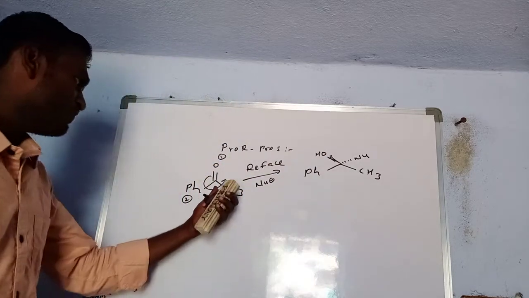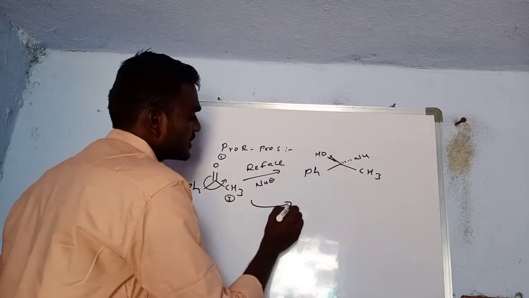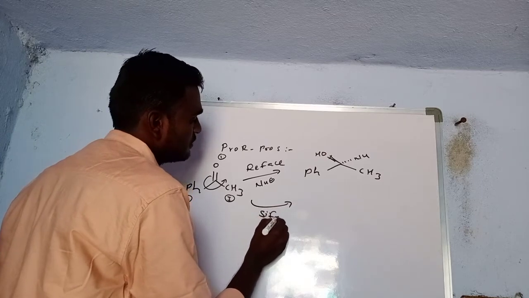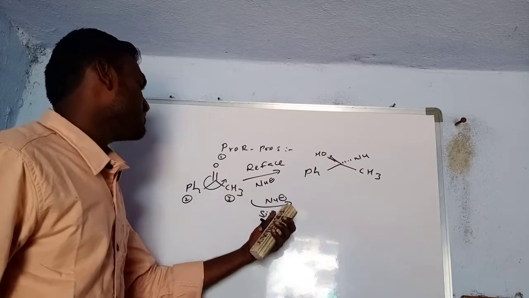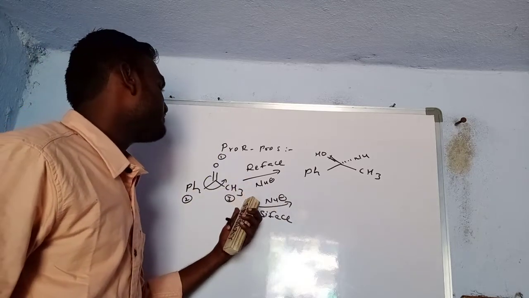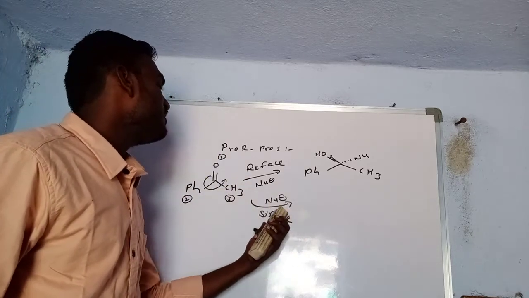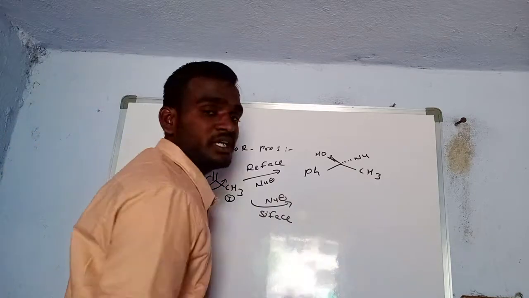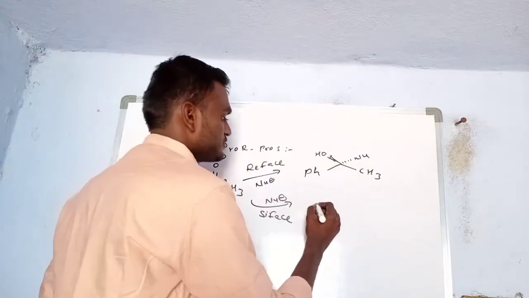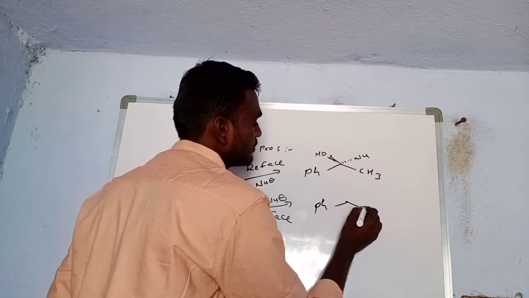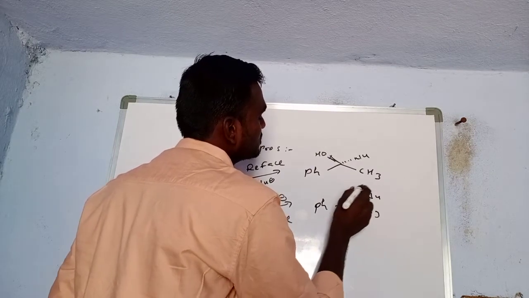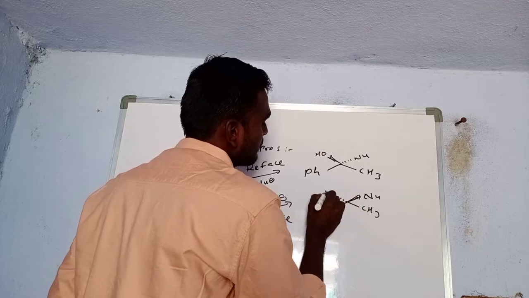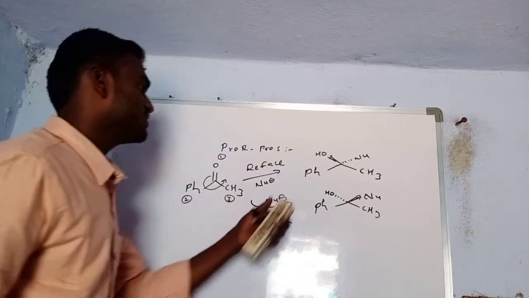For this molecule, if it is a Si face attack, the nucleophile will attack the Si face. Whenever the priorities are in an anti-clockwise direction, the above face is called the Si face, so the nucleophile will attack the above face, meaning the thick line. Is it clear?